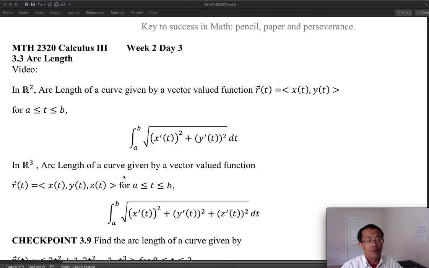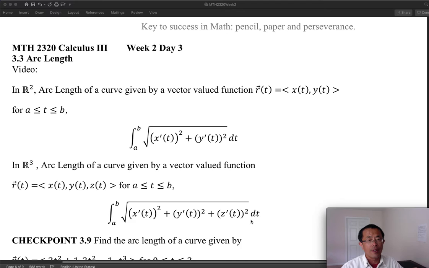Furthermore, in three-dimensional space, the arc length can be calculated in a similar fashion, because in three-dimensional space a curve has three components, right? The vector-valued function has three components. So accordingly, it would be the integral of the square root of x prime squared plus y prime squared plus z prime squared.